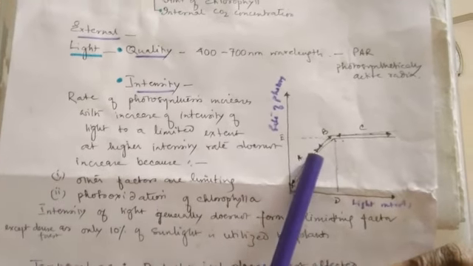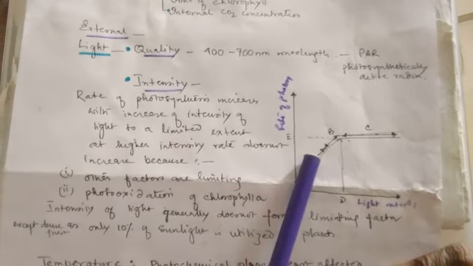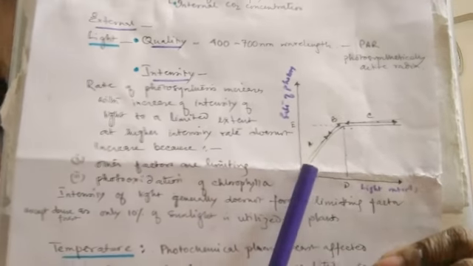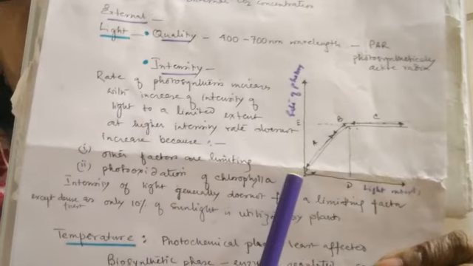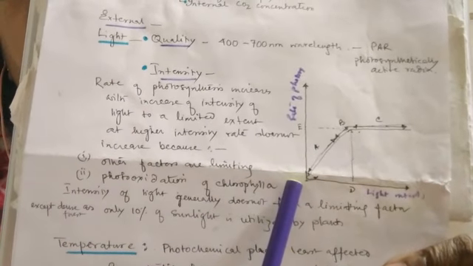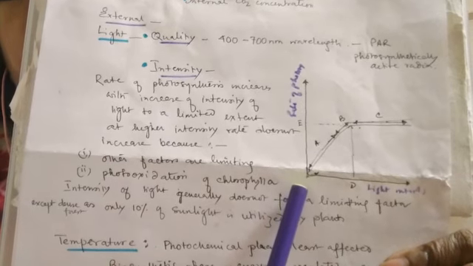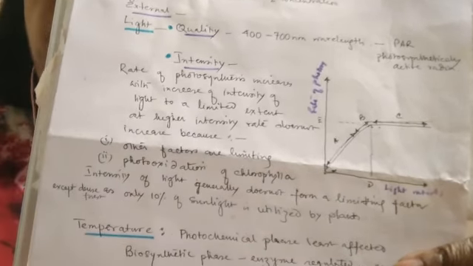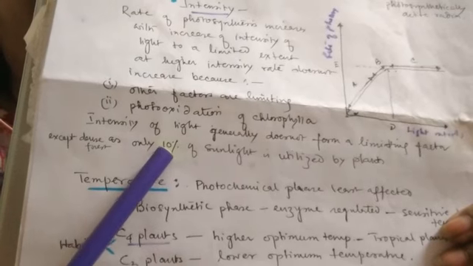And number two, excess light intensity causes photooxidation of chlorophyll A. In that case also the plant will not be able to increase the rate of photosynthesis. But overall, intensity is not a very important factor for governing the rate of photosynthesis, because mostly 10% of the light intensity that the plants get is sufficient for reaching the saturation point.